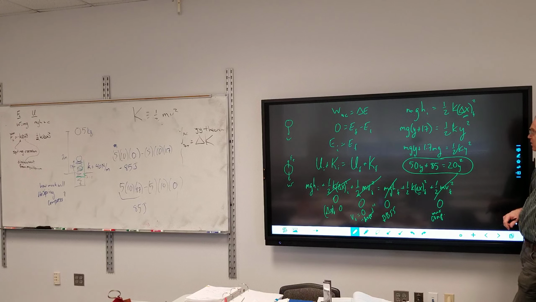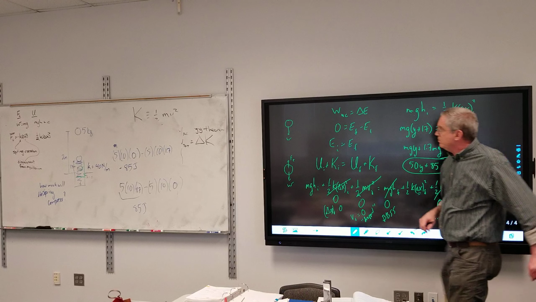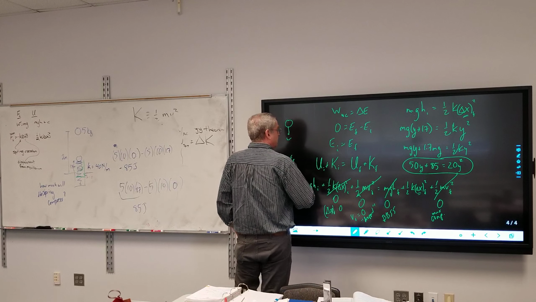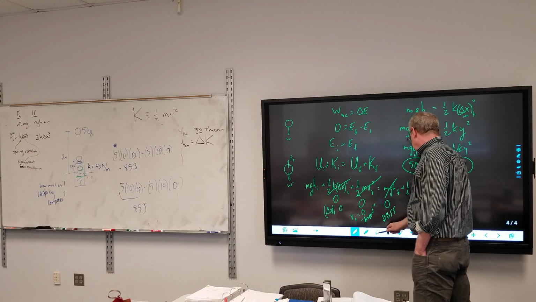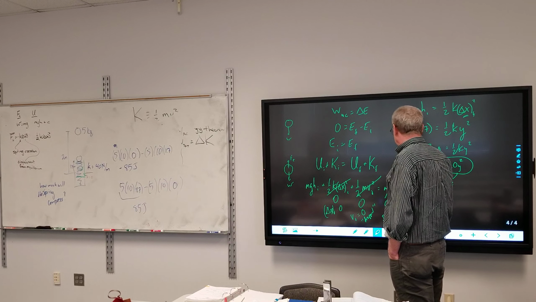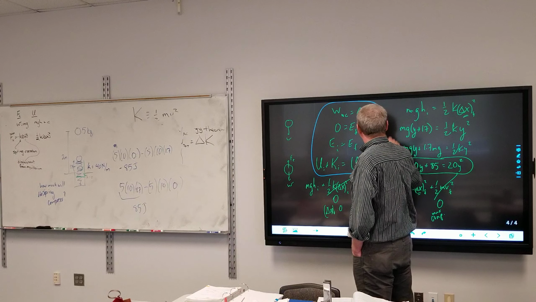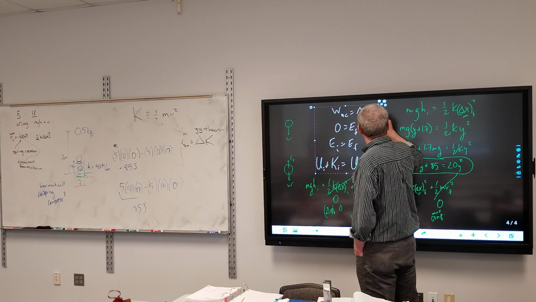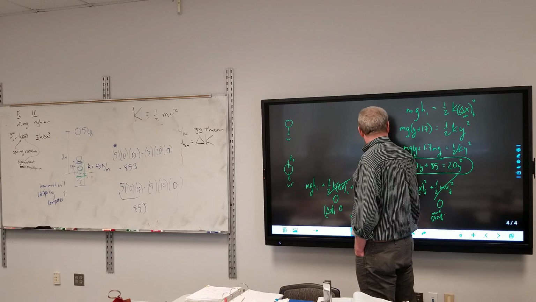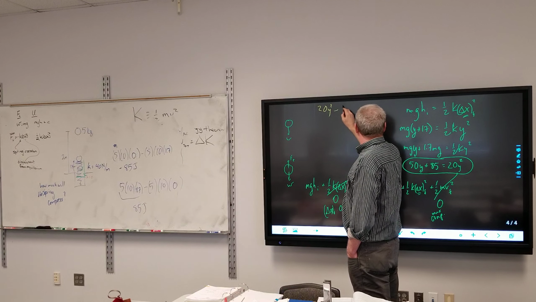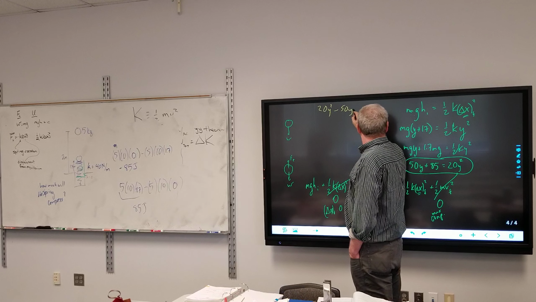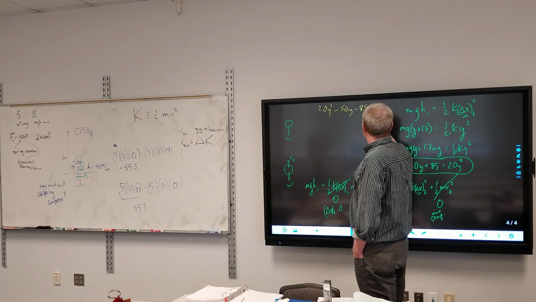So let's get all terms set equal to 0. We can get rid of half of this. So 20y squared minus 50y minus 85 equals 0.